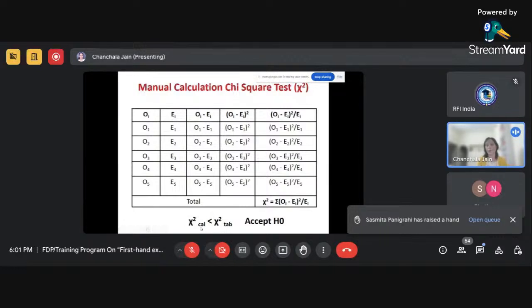If your calculated value is less than your critical or tabulated value, in that case you accept your null hypothesis. And the opposite is, if your calculated value is greater than your critical value, in that case you reject your null hypothesis, right? So this is the thumb rule of the manual calculation.